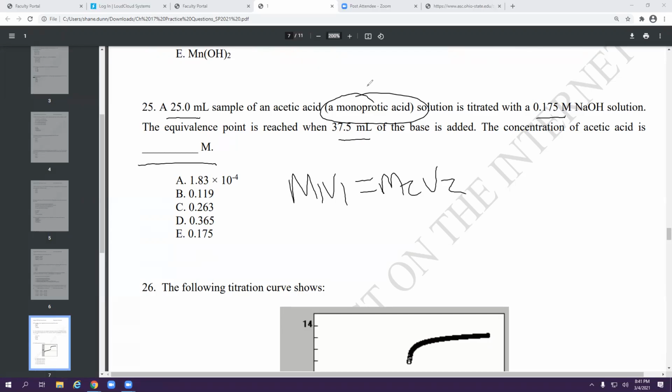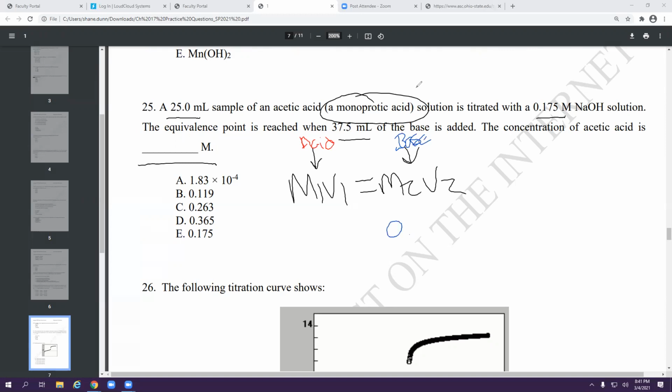The reason we can do this is because we weren't given both concentrations, right? So make sure we put it in correctly. Do you want 1 to be the acid or 2 to be the acid? This right here will be the acid, and this will be the base.